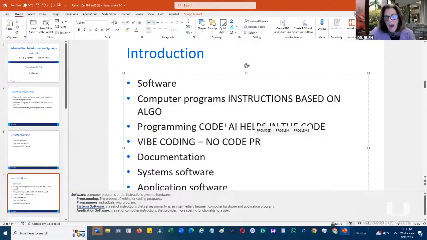It's like prompts, just like you, Carissa, have used ChatGPT or something similar all the time, right? You tell it what you want the instructions to be, and vibe coding means it comes back with the exact syntax of the instructions. No code; instead you're using prompts. And there's documentation of the software, and there are systems programs and application programs.